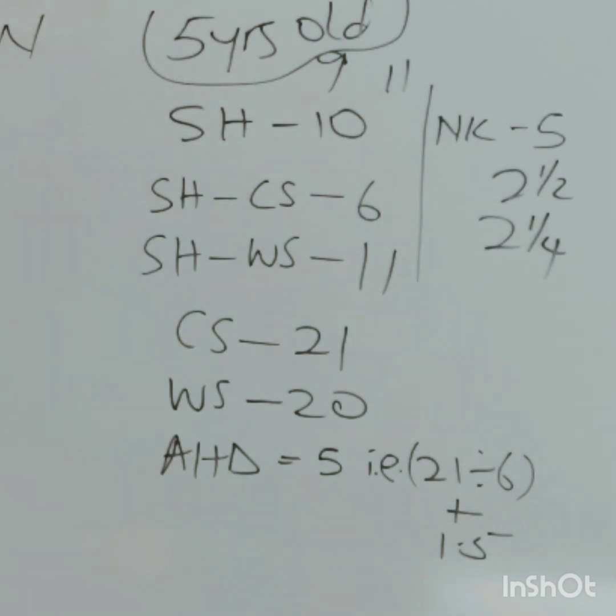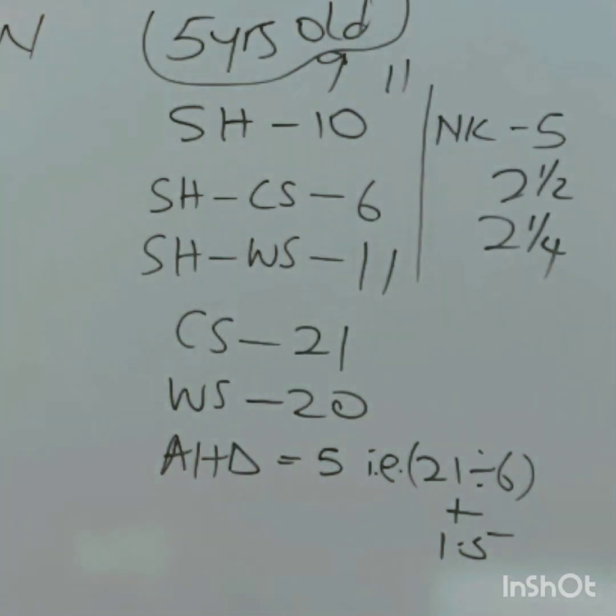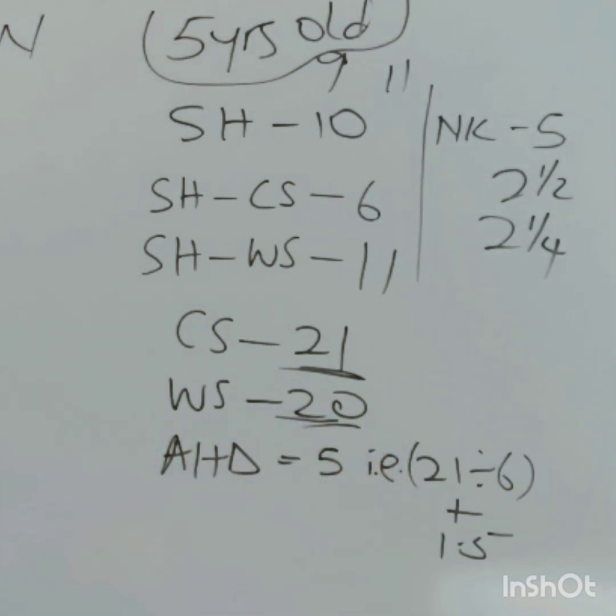If it's a 3 year old, you can use a shoulder to waist of 10 inches. It also works for 7 or 8 years. When it's 10 years, you can use like 12 inches. The chest circumference is 21 inches and the waist circumference is 20 inches.